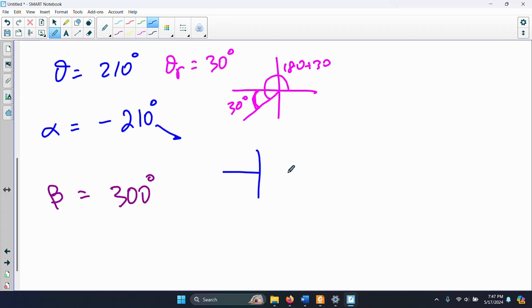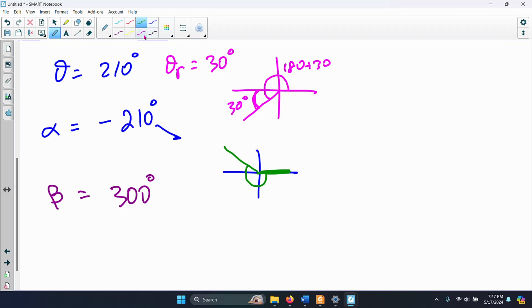Well, in this case, I'm going to do a negative spin. So I'm starting out in this position. That's my starting position. But in this case, I'm going to spin in the negative direction. And again, this is 180 plus 30 more degrees. So I end up in the second quadrant.